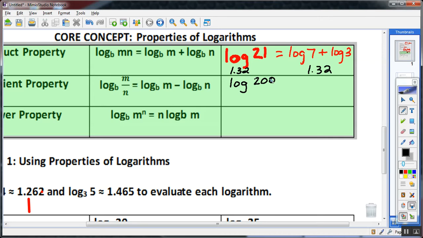Maybe like 400 divided by 2, or maybe 1,000 divided by 5. Is that okay? Okay, because the log of 200, I might say this is the same as the log of, I'm going to go log of 1,000 minus log of how much, kids? 1,000 divided by what would make your 200?